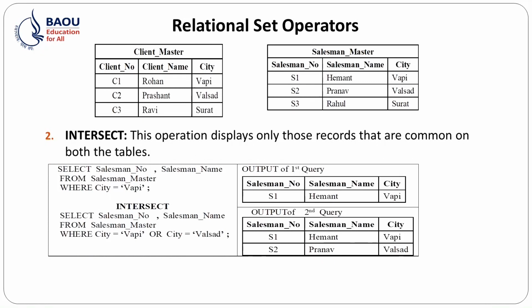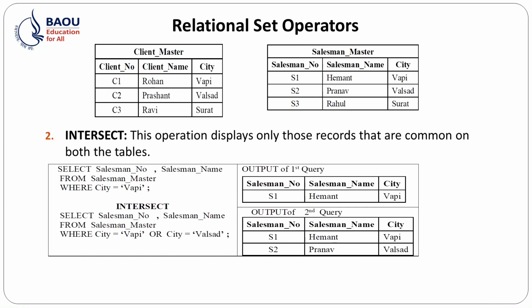Select the salesman number, salesman name from the salesman master where city is equal to VAPI. Intersect, the second query is select salesman number, salesman name from the salesman master where city is equal to VAPI or city is equal to Valsad.